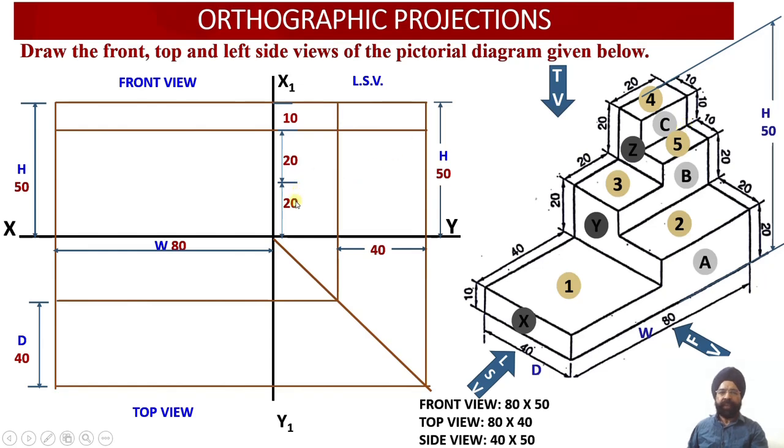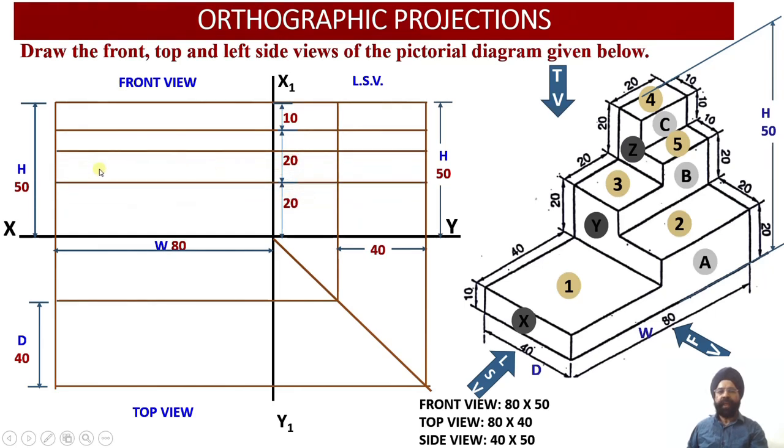So this way we are going to now dimension the front view in such a way that these three projection lines we are going to draw corresponding to the top surface of surface A, top surface of the surface B and top surface of the surface C, right?